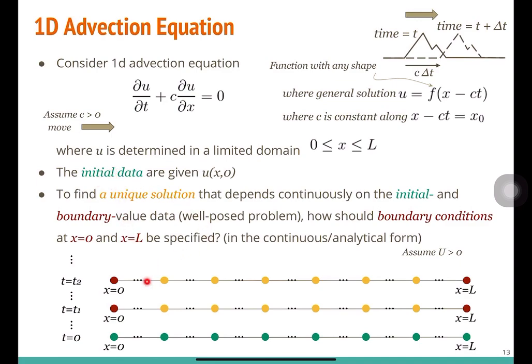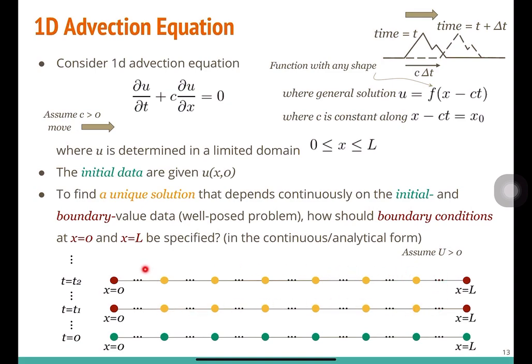We depend on the values of the initial condition, which is the values at t equals 0, and we also depend on the boundary conditions, which are the values at x equal to 0 in the following time steps, and also the values at x equal to L, so the boundaries on the sides. These are called the boundary conditions, and then we can use the green dots and the red dots to determine the value of all the dots in between.